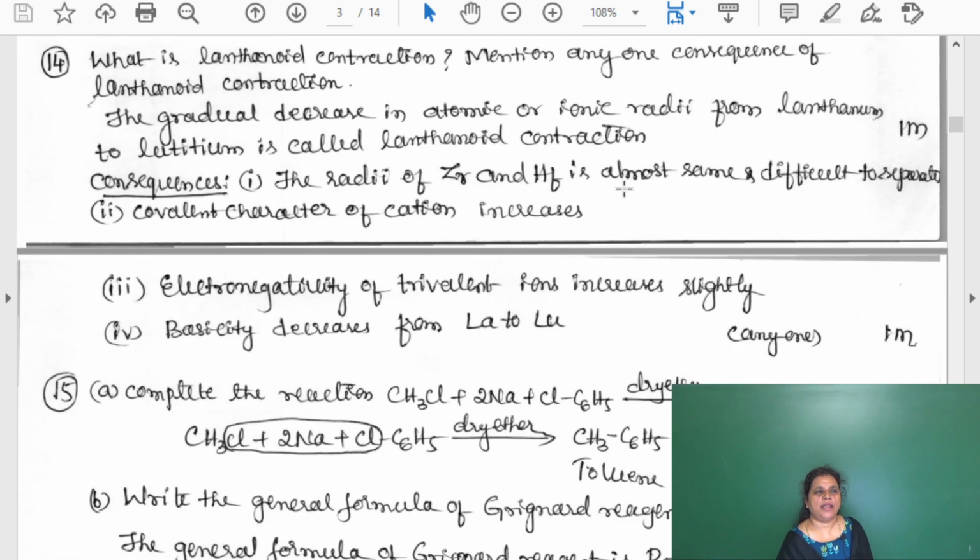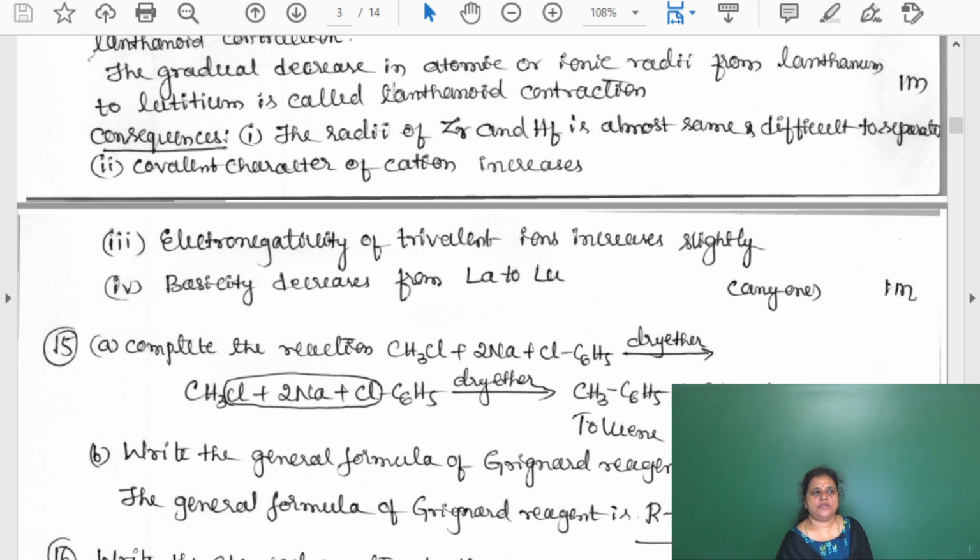What is lanthanide contraction? Mention any one consequence of lanthanide contraction. The gradual decrease in atomic or ionic radii from lanthanum to lutetium is called lanthanide contraction, and that carries 1 mark.